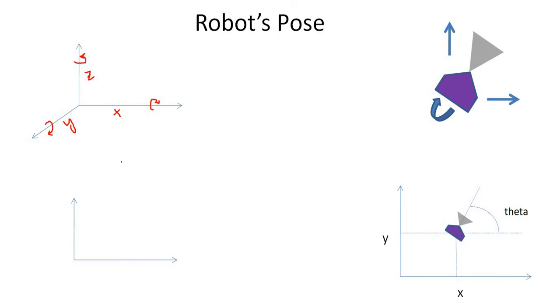For simplification, we don't use all 3 coordinates, but we use only 2D. Like here we use only 2 dimensions, and in these 2 dimensions, we also use a planar robot.